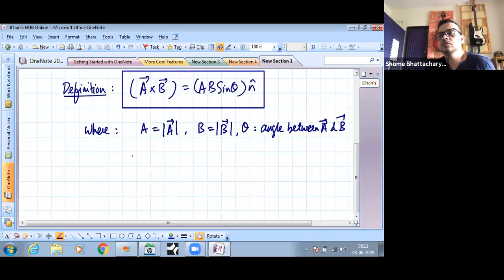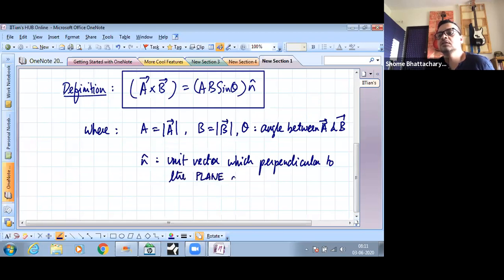But more importantly now, n cap is a unit vector which is perpendicular to the plane formed by vectors A and B. It is given by the right hand palm rule.